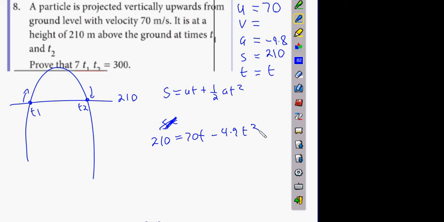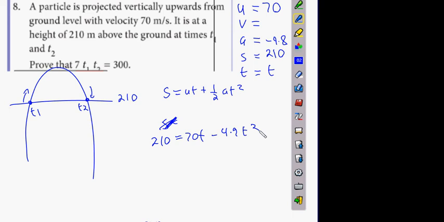Now, minus 10 over 7, simplified. Just multiply by 10 over 7 and you get it into a formula.